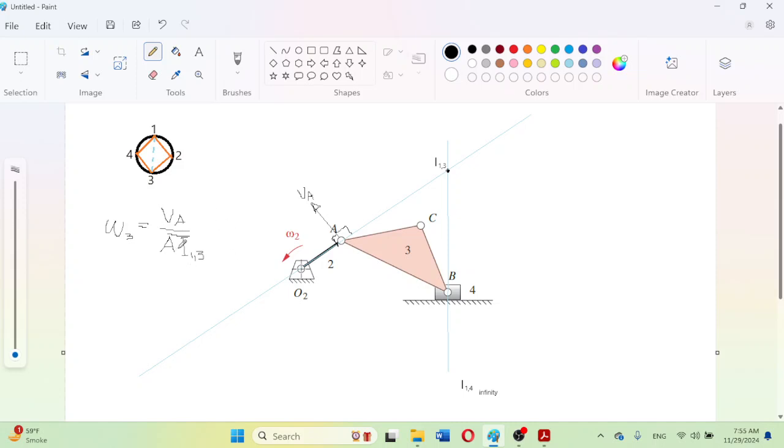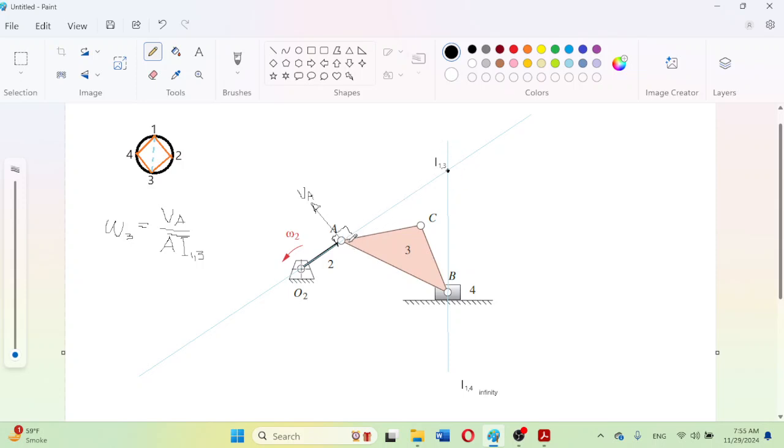Now the direction is quite straightforward, as we can observe that the center of rotation for this link in complex motion is this. At this stage, for example, I can show that this link ABC, which is physically in complex motion, is in pure rotation about this instant center I1,3.